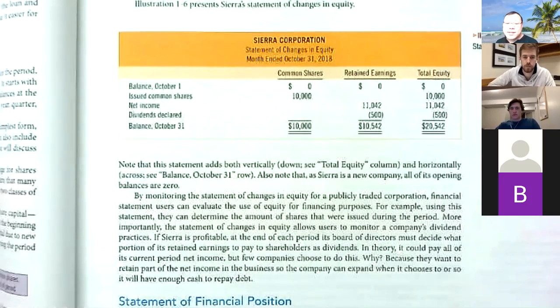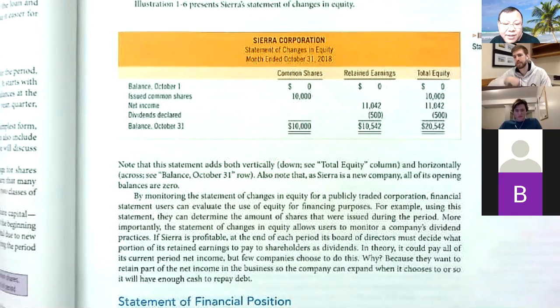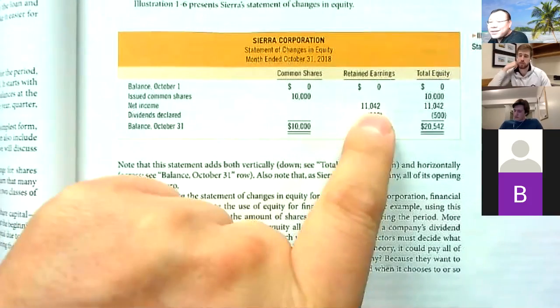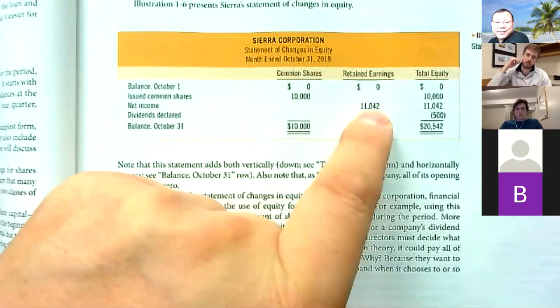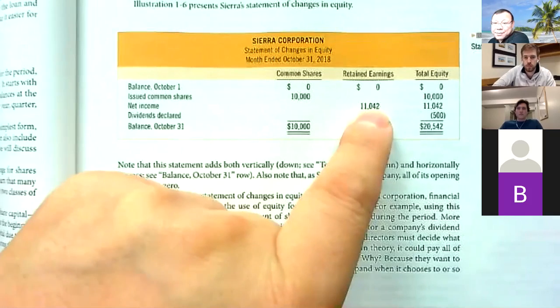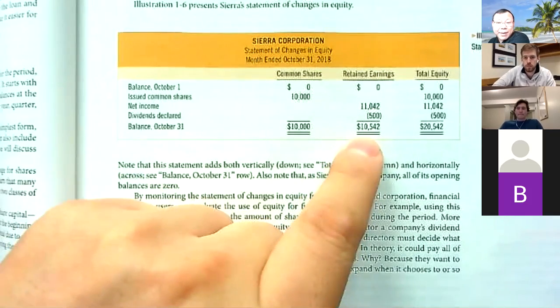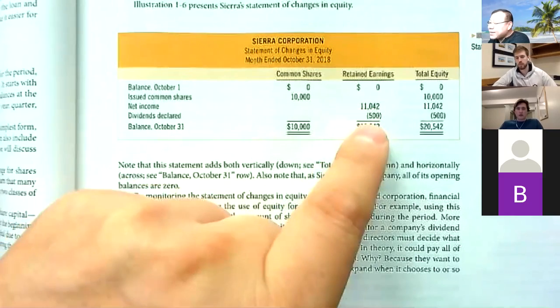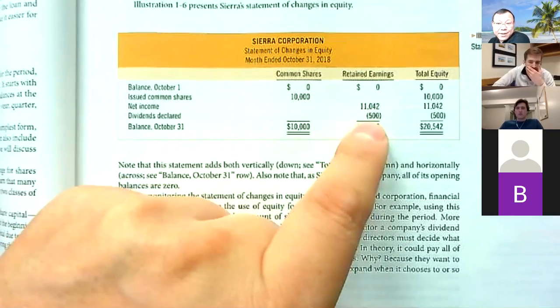This is our second statement in the order, the statement of changes in equity. Did you see the net income number? There. Because in order to know your ending balance of the retained earnings, you need to add your net income minus the dividend.